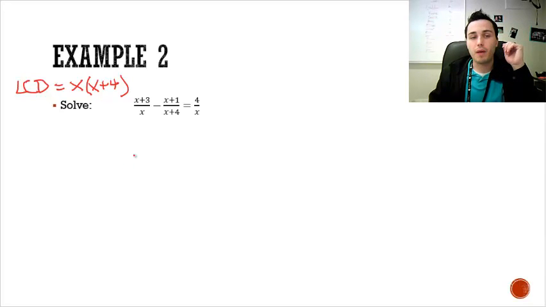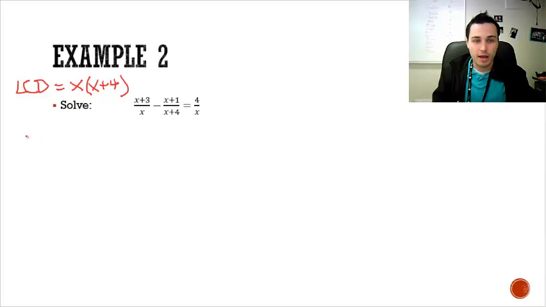So if I multiply each and every one of these things on the tops only by this amount, all of the denominators will cancel. I'll still have some things to distribute and work with, but at least the denominators will cancel.